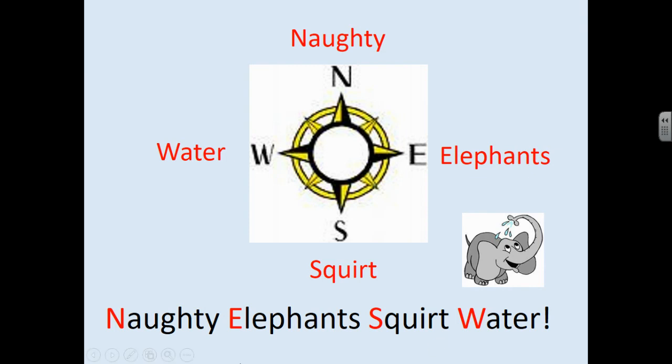So N is for north. This would help me to remember not just my direction, but the position of where north would be. So N for north, E for east, S for south, and W for west.